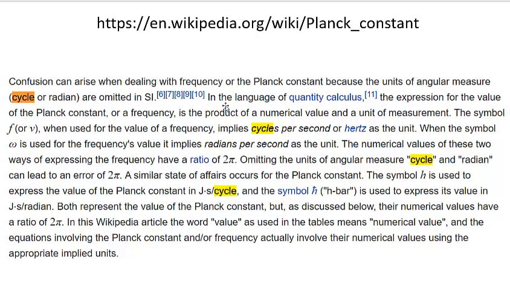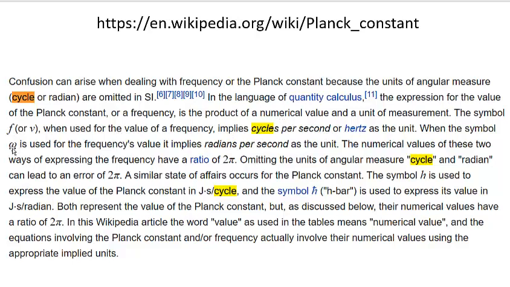So in the language of quantity calculus, the expression for the value of Planck's constant or a frequency is the product of a numerical value and a unit of measurement. The symbol f for frequency, or nu, sometimes they use nu, when used for a value of a frequency implies cycles per second. So they took cycle out and now it's just implied.